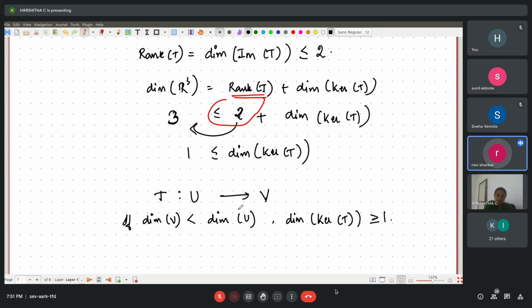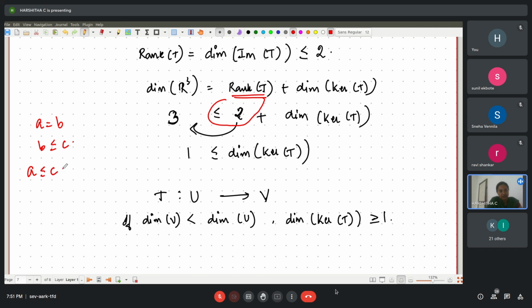But that equality sign is there, no? Dimension of R3 equals rank. Yes, but this rank, we are just saying that it is less than or equal to 2. See, this is true, but we have a bound on the rank, right? This is like saying A is equal to B and B is less than or equal to C. So what can we say?